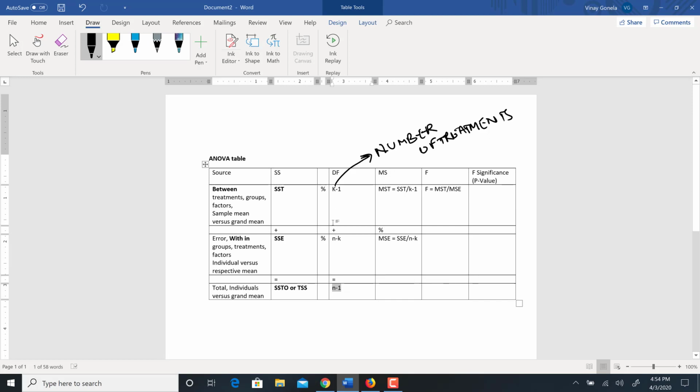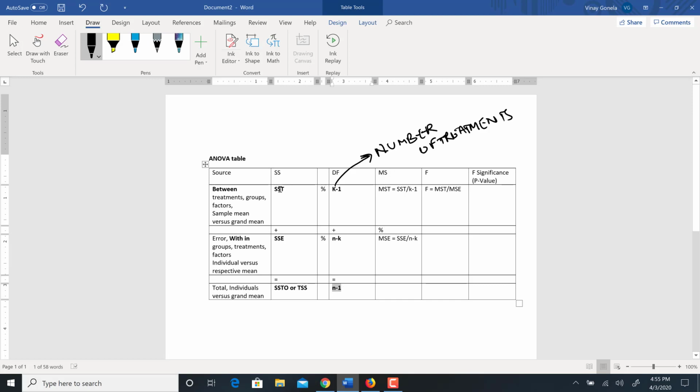So if you see again, k minus 1 plus n minus k is going to give you n minus 1.